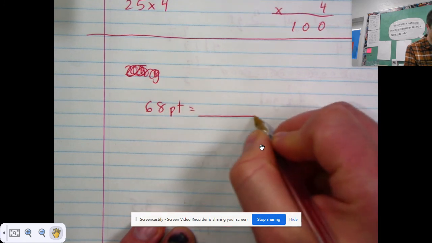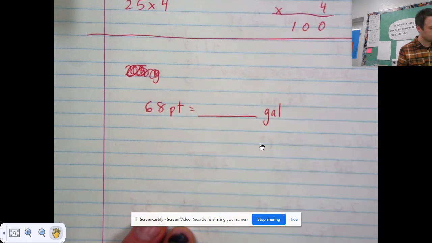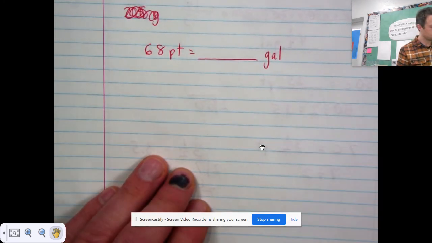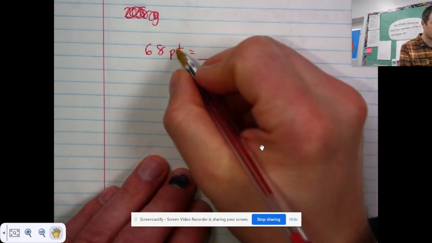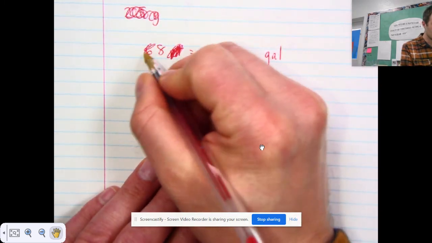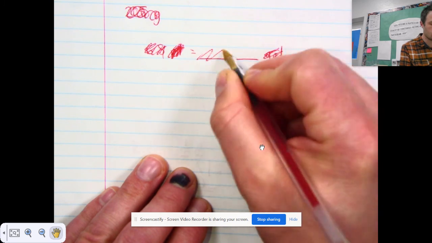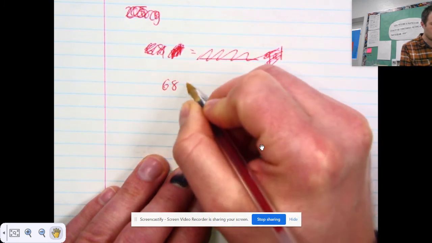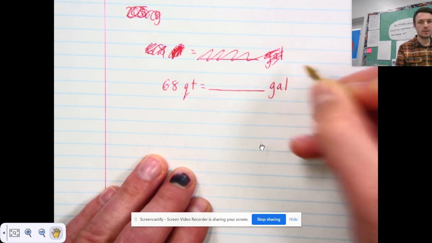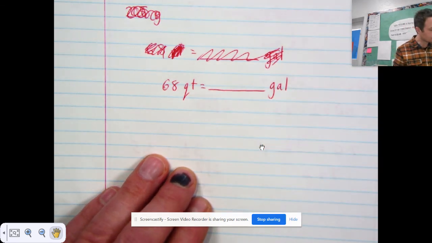Figure out how many gallons that is. No, actually, that's too hard because I didn't do one with you. Here, I'm going to scratch this out. I'm sorry. Do 68 quarts to gallons. 68 quarts. Find out how many gallons it is.